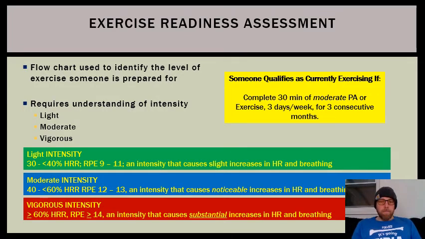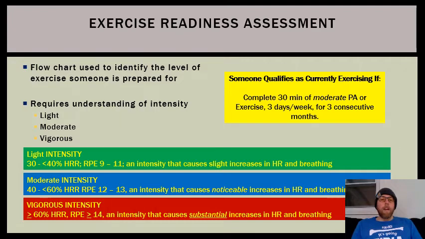So we use a flowchart that I'll go over with you to designate the level of intensity someone is allowed to work at right now. And to do that, we have to be really comfortable with intensity. And we talked about how to measure intensity, right?